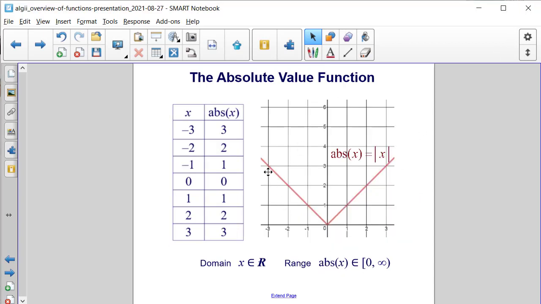For the absolute value function, we see that it looks like a V. Absolute value of x, you can write it sometimes in a calculator as ABS, and then open parenthesis, and then x in between the parentheses, or you can write it with the vertical slashes and x in the middle. The domain for the absolute value function is all real numbers, and similar to the quadratic or squaring function, the range is from 0 to infinity, including 0, since its vertex is 0, 0.